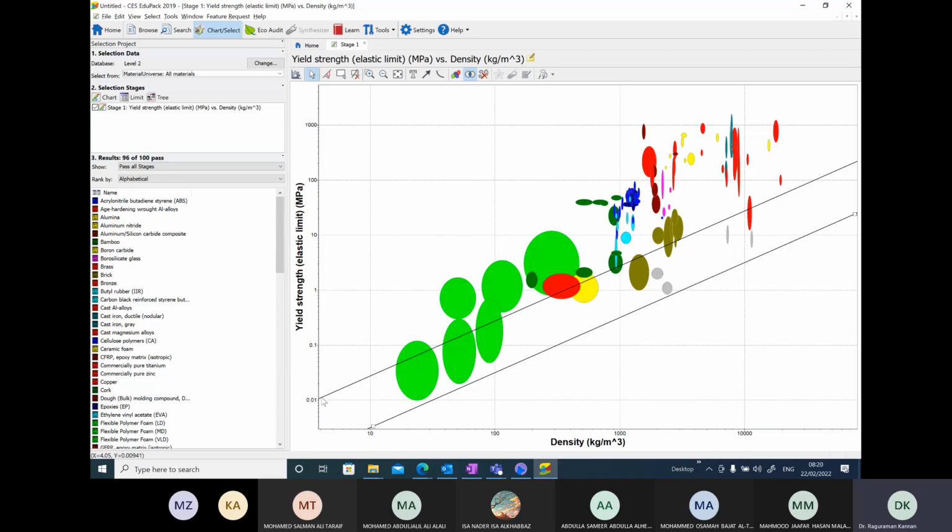In the same way, the logarithmic scale is given on the y-axis, 0.01, 0.1, 1 in multiples of 10. However, the values of the yield strength are given in megapascal units. So it is 0.01 megapascal here, 0.1, 1, 10, 100, and 1000 megapascals.